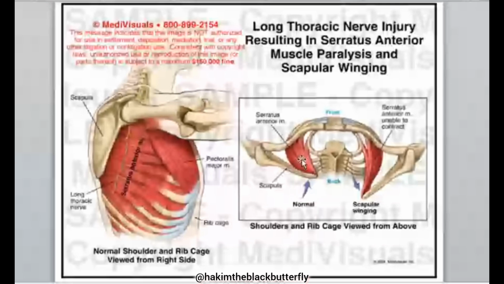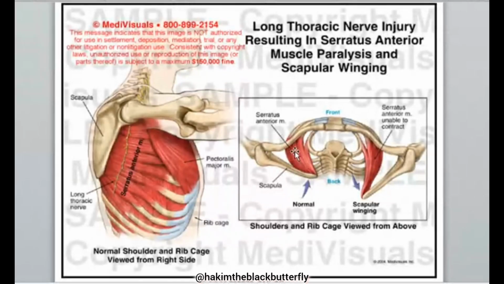So when it pulls towards the origin, the scapula gets firmly attached to the back. Serratus anterior. How does paralysis of this muscle occur? When the long thoracic nerve is injured, it can no longer supply the serratus anterior, so the muscle can no longer contract. You're going to see the medial border of the scapula peeling off from the back because this muscle can no longer contract to bring it back.